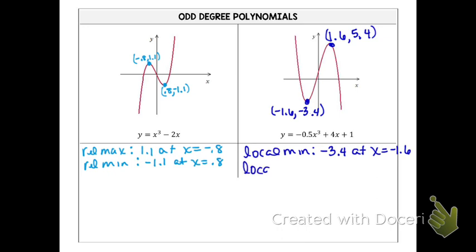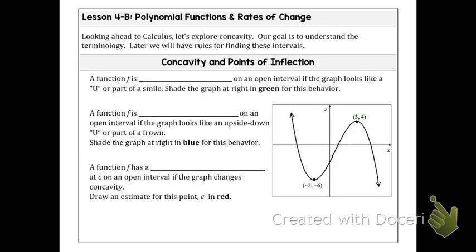And then I have a local or relative maximum, and that's a 5.4, and that's at x equals positive 1.6. All right, and that is the end of part 1.